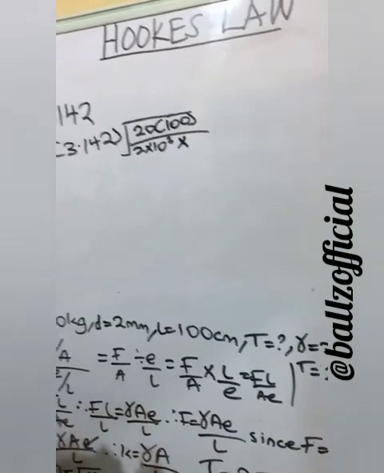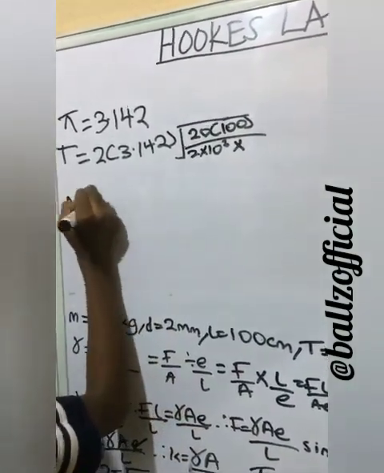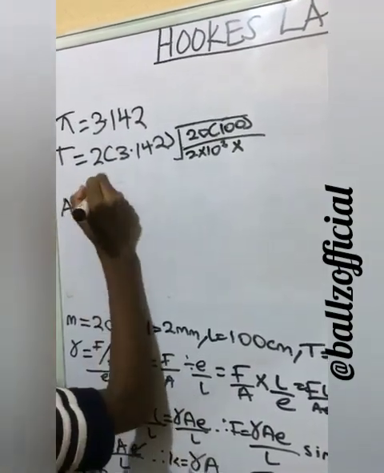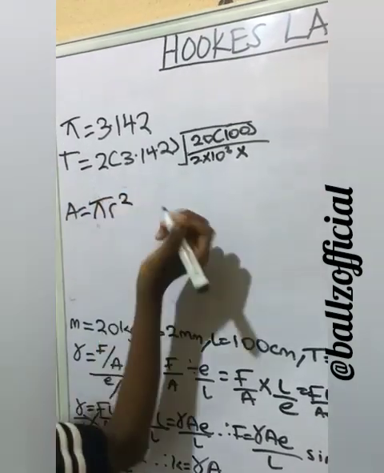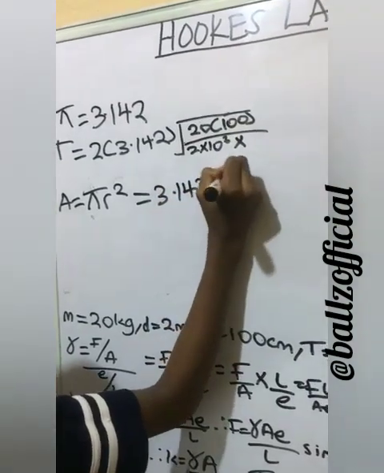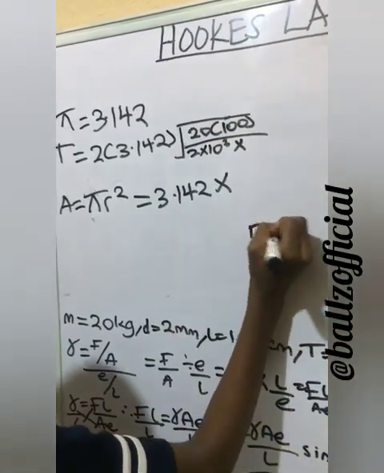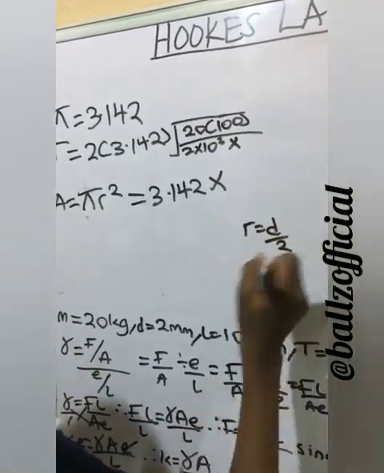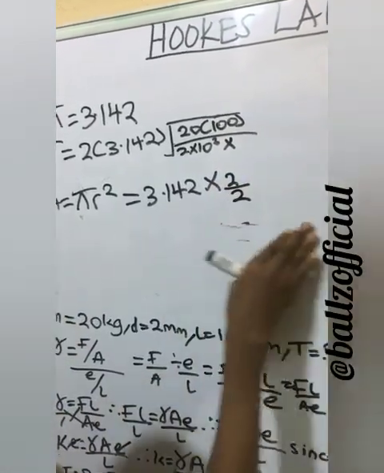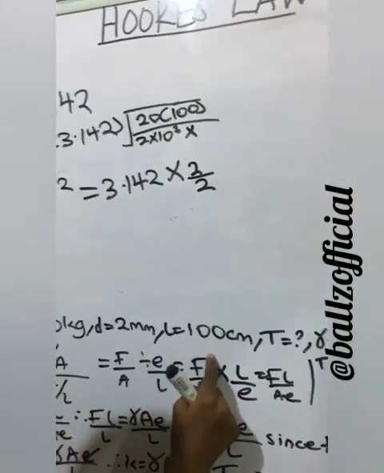So since it's a cord, we are going to be using the area of a circle, which is pi r square. That will be 3.142 times the radius. They gave us diameter. I hope you know that radius is diameter over 2, which is 2 all over 2. Remember that this is in millimeters, and this is in centimeters.